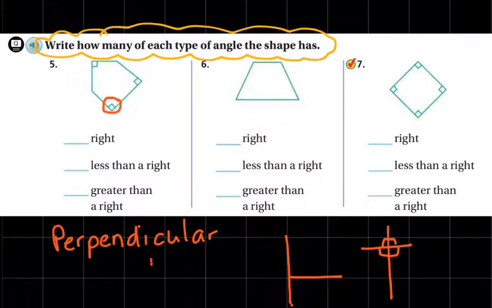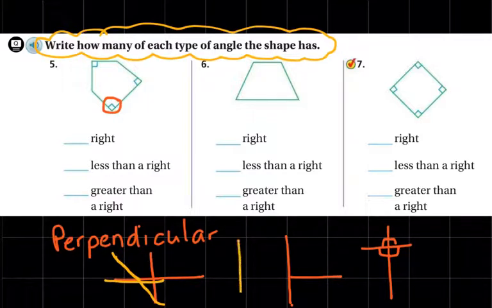A road, when the road outside of Sunnyside, we have Avenue 96 and Road 216. They run perpendicular. Now, if you had another road that came at a slant, like this, it is not perpendicular to this because it is coming at a slant.